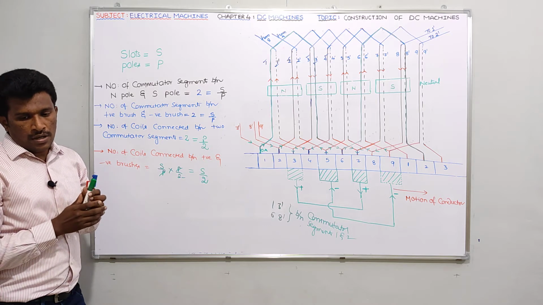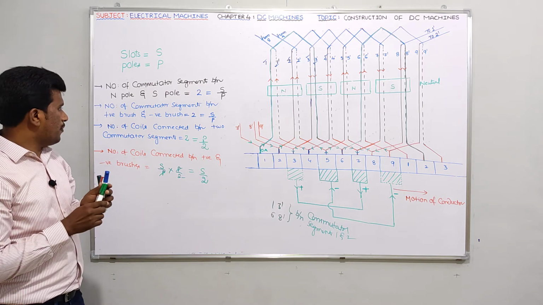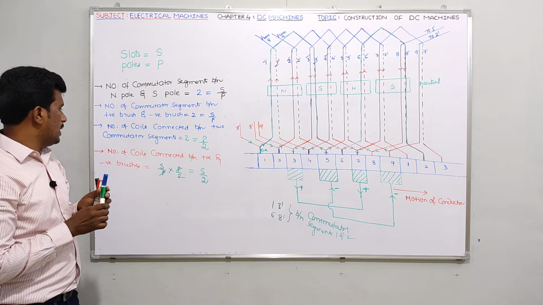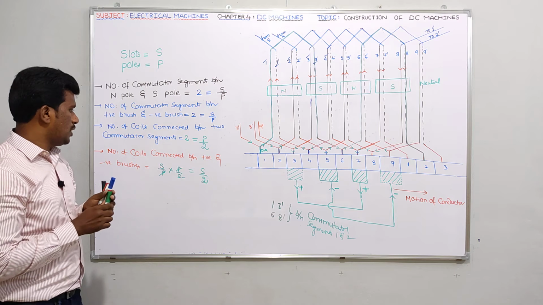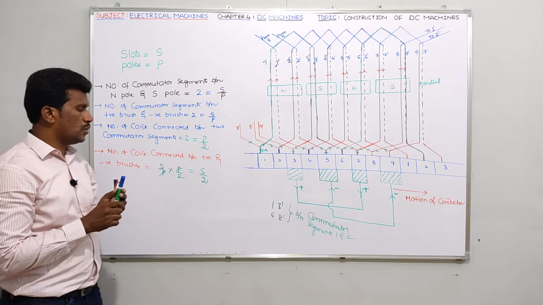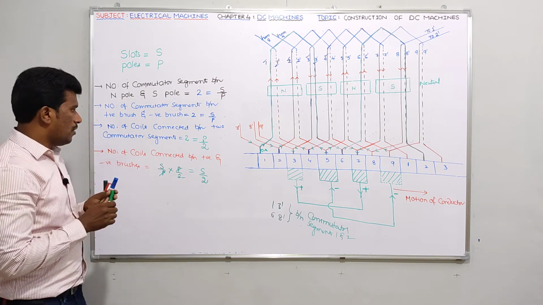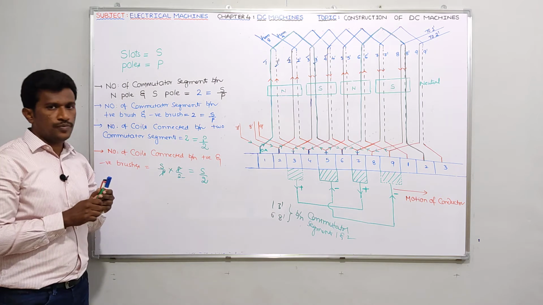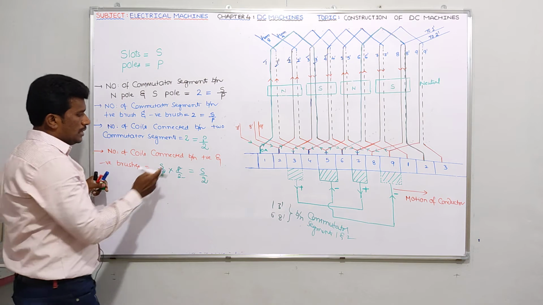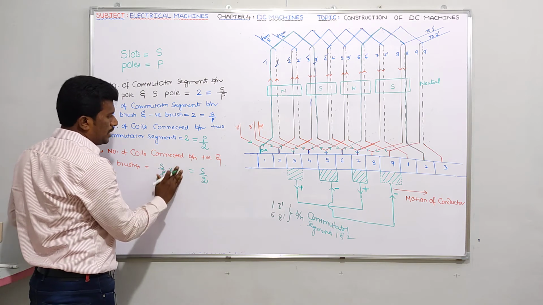Next point. The number of coils connected between positive and negative brush equals, tell me, what might be the value? Here it is S by P into what should we write?